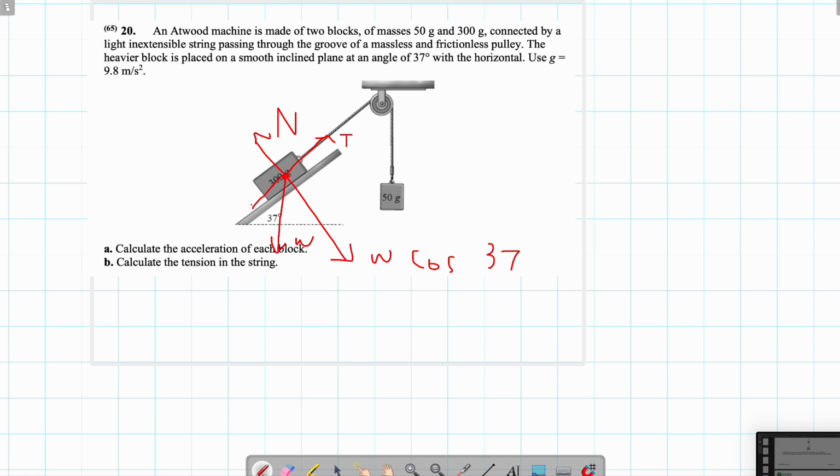Here we have W sine 37. Here we have tension. Wait, no, not normal. We don't have normal here. We have weight.